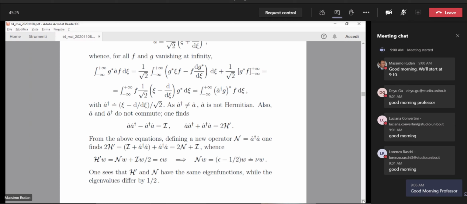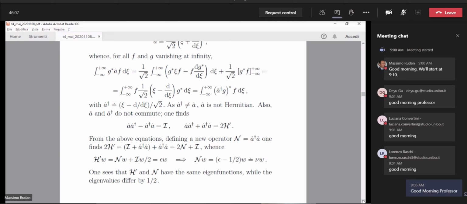So if you now observe that the identity applied on W is W itself, and you bring to the right-hand side the part of the expression that embeds the identity, you have that the number operator applied onto W is equal to epsilon minus 1/2 times W, and you can use a shorter symbol for epsilon minus 1/2. You call it nu. Nu is some real number for the moment that multiplies W.